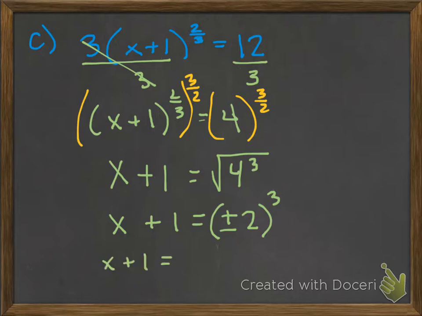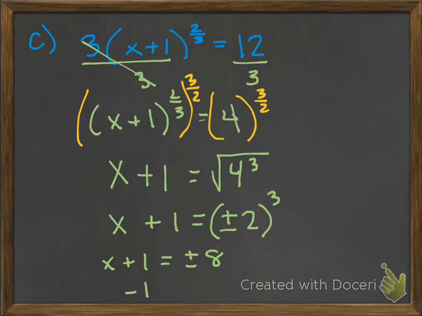So a positive 2 raised to the 3rd power is a positive 8. And a negative 2 raised to the 3rd power is a negative 8. So negative 2 times negative 2 times negative 2 is negative 8. 2 times 2 times 2 is positive 8. So notice we still get this plus or minus 8.